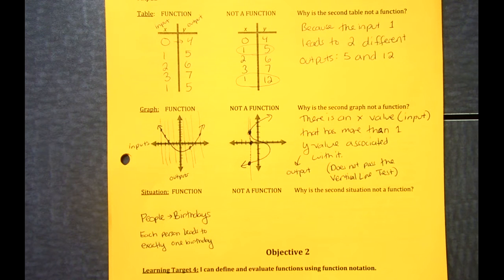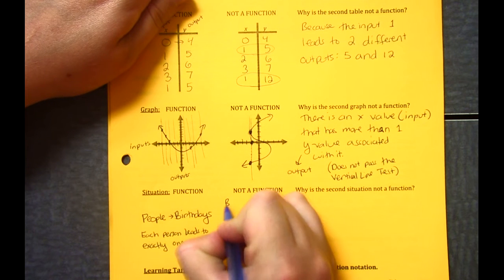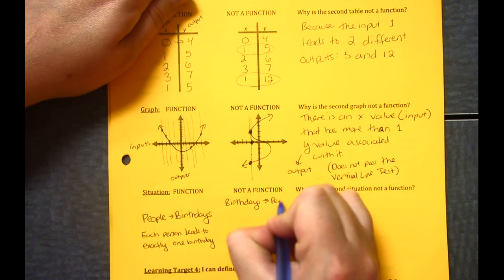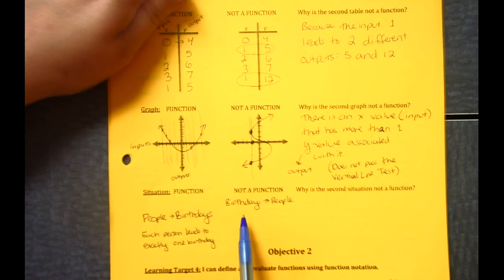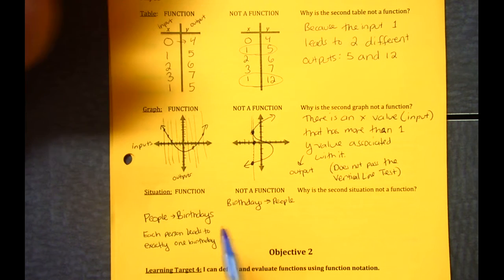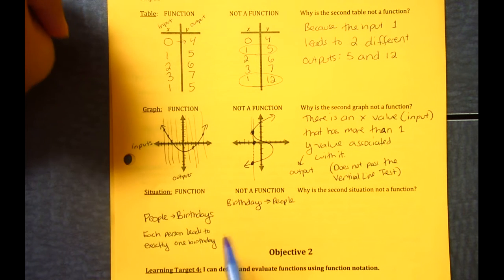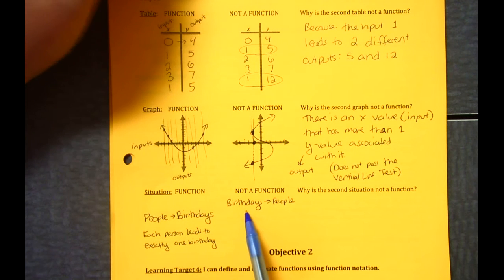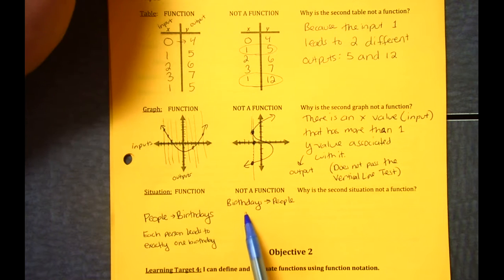Now, let's think of something that's not a function. Let's think about, we could even say, just flip that one. Birthdays to people. There are 365 possible birthdays. There's August 12th. There's January 16th. There's February 4th. There's 365 possible birthdays. And each birthday has more than one person in our world that's born on that birthday.